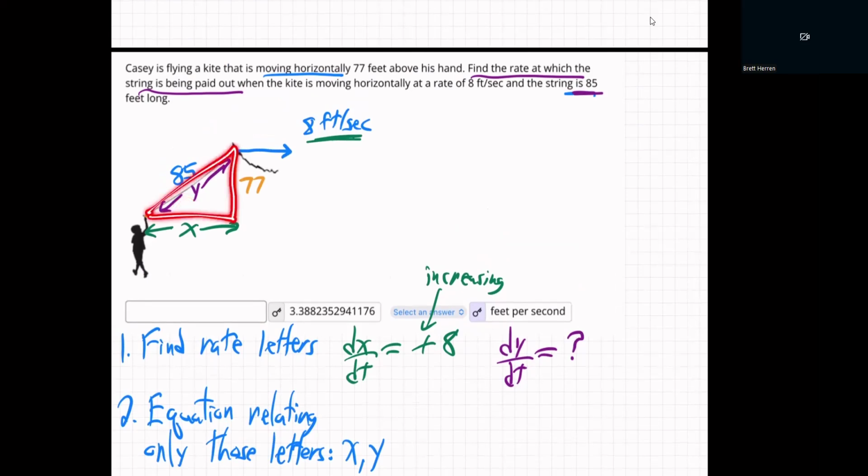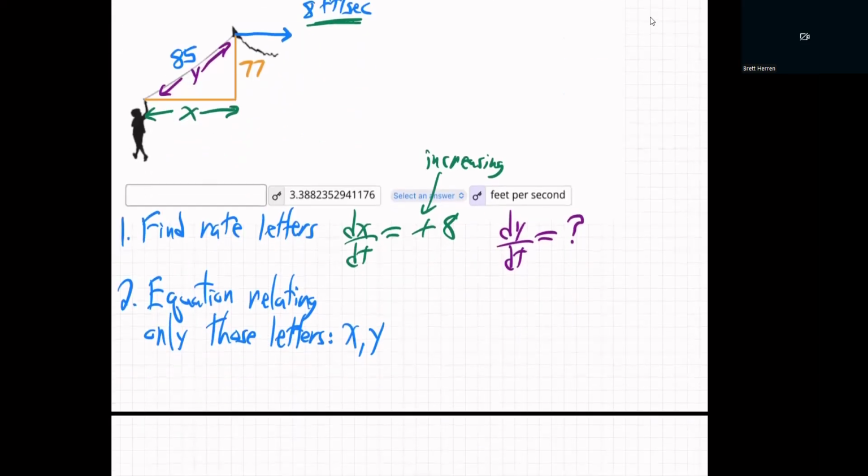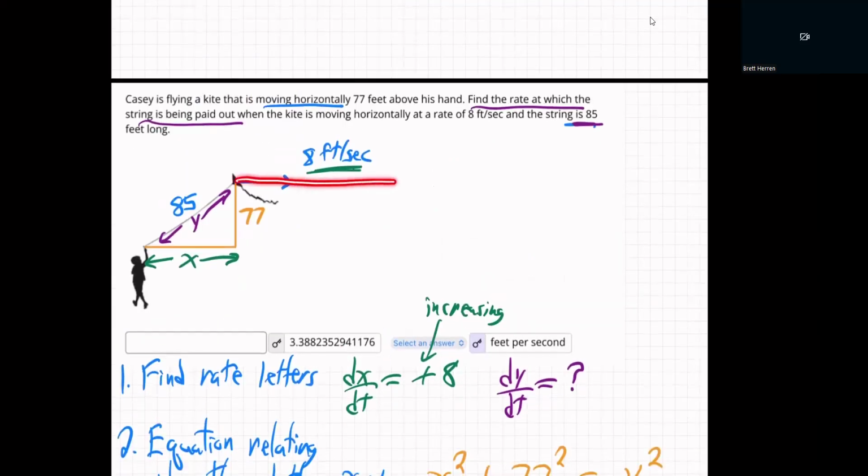With X, 77, and Y, that's pretty easy, a little right triangle there, right? So X squared plus 77 squared is Y squared. That 77 is always a fixed 77 because the kite is moving horizontally. It's only moving sideways. It's not getting higher or lower. So the height the kite is above him will always be 77.